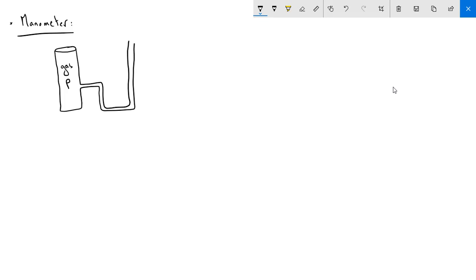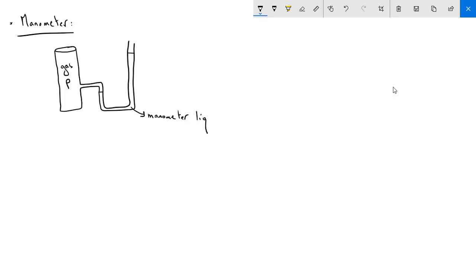The manometer is filled with some liquid here. So here we have the manometer liquid. It could be water, it could be mercury, whatever liquid.